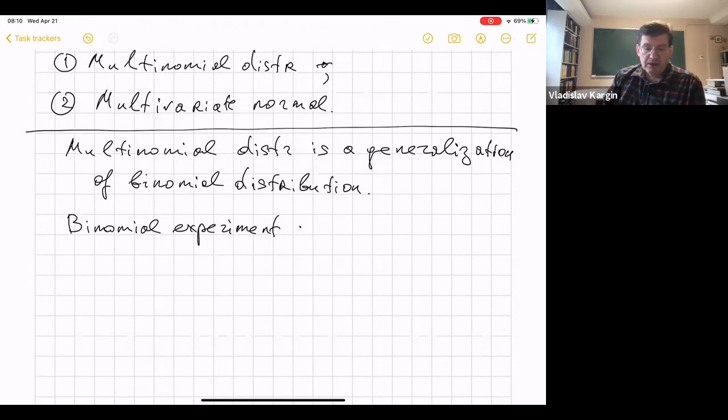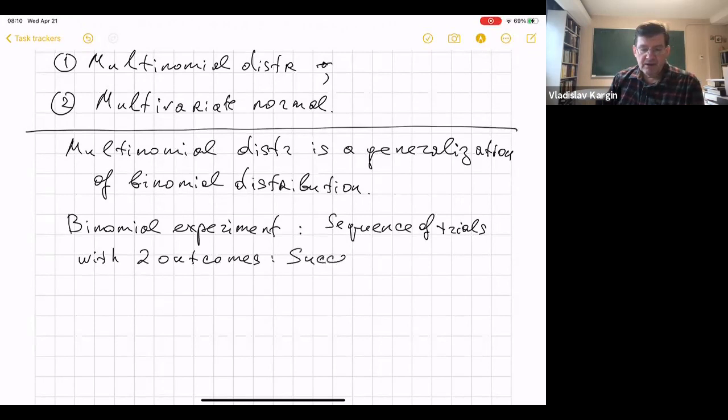So it's a sequence of trials with two outcomes, success and failure. In the example with the coin, you can think of head as a success and tail as a failure.